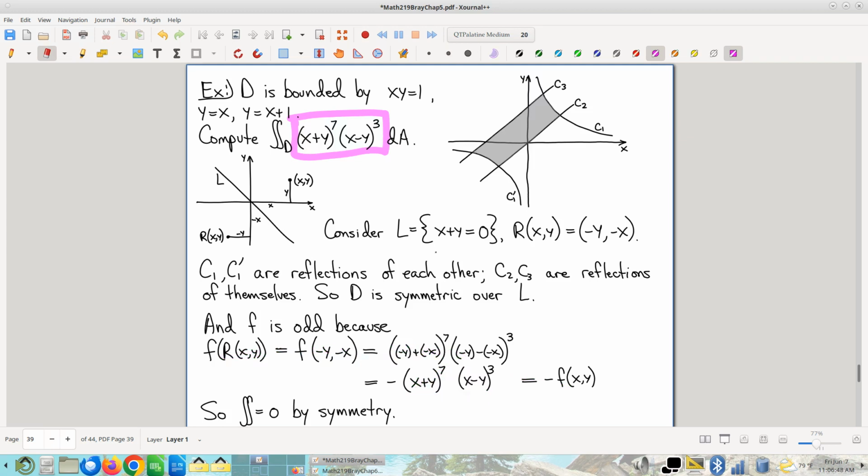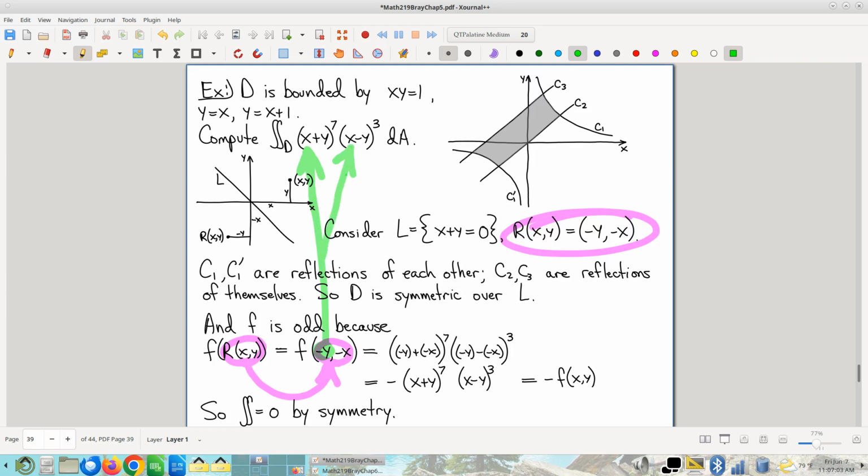In particular, you'll notice I'm taking, here we go, this formula for the reflection, plugging that into the function, right? The first coordinate becomes negative y.